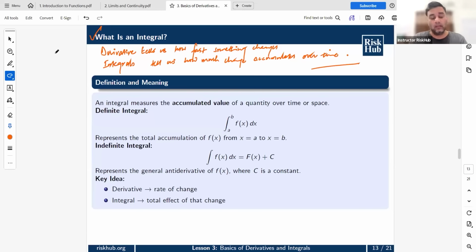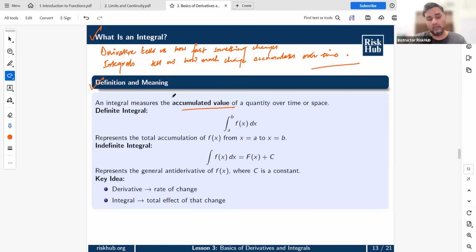Now, what is an integral? Let's start with a very simple understanding. An integral basically measures accumulation. It measures the accumulated value of a quantity over time or space.